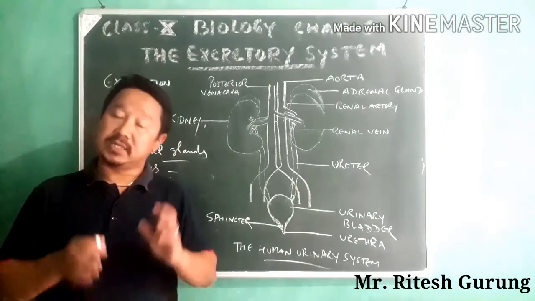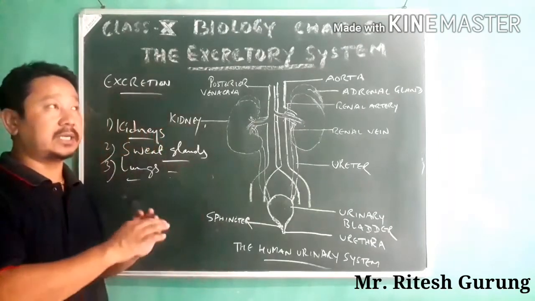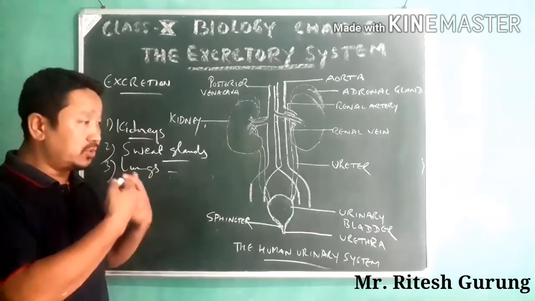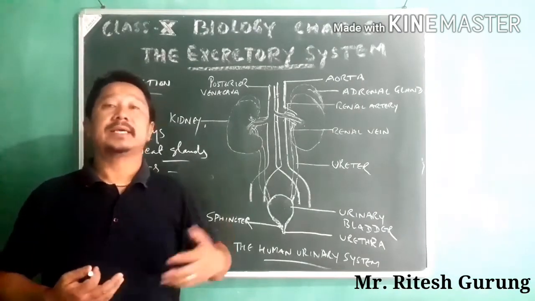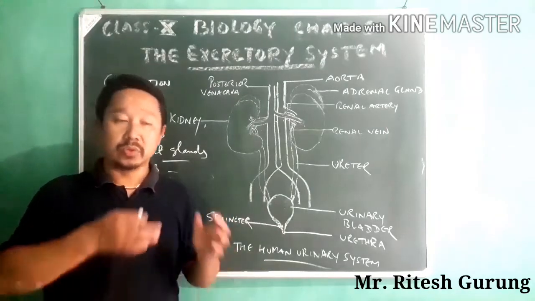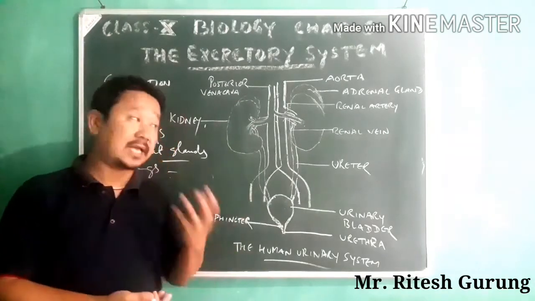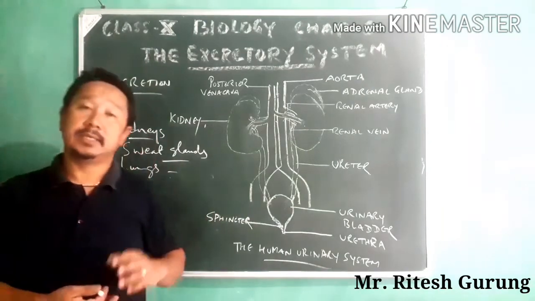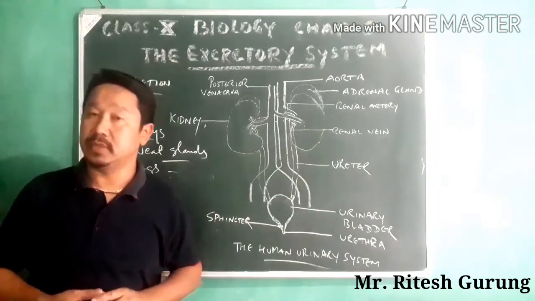Even so, carbon dioxide is a poisonous gas which is very important to throw out. So those are the organs involved in the removal of waste out of the body.